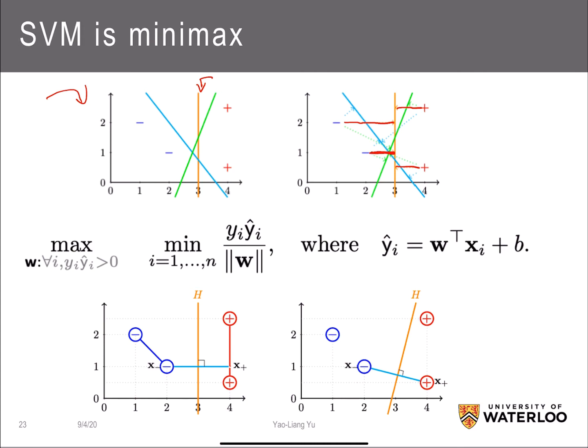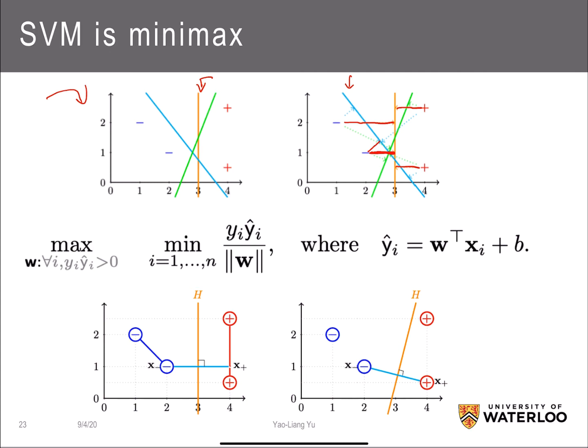For each line, I can do this, and I'm going to compare different lines based on the minimum distance. If you pick the blue line, then the minimum distance is shorter. This is how we decide which line is better.